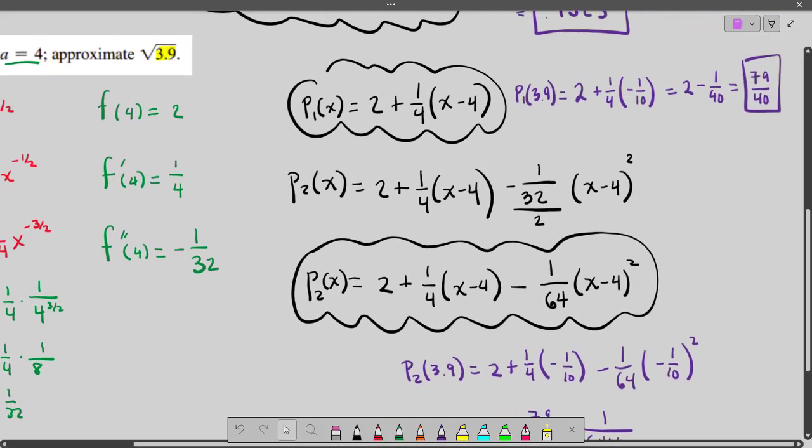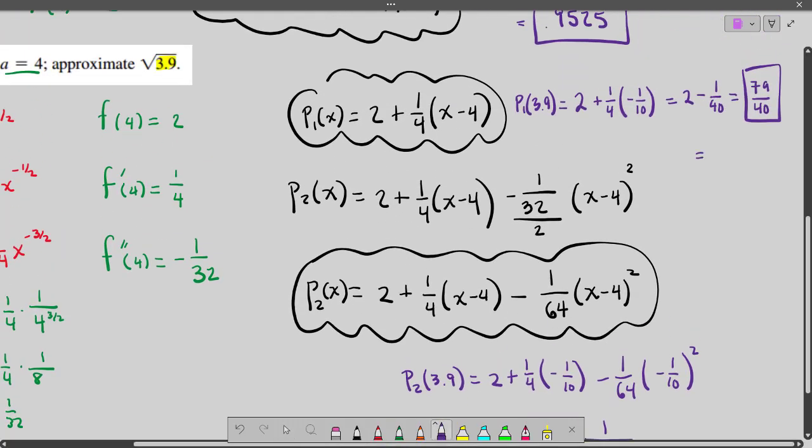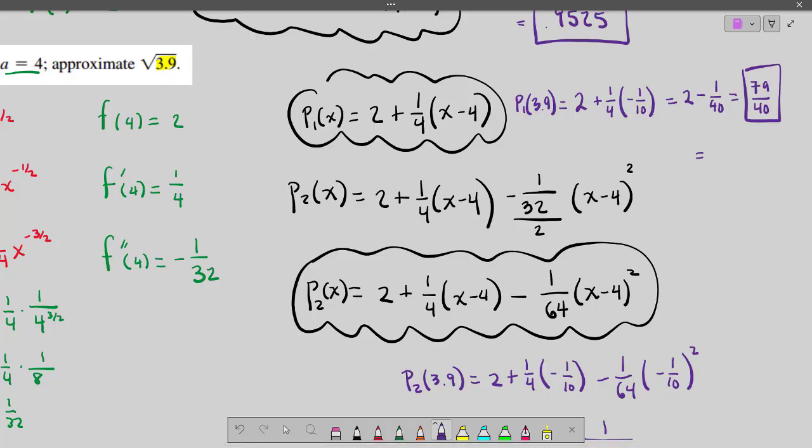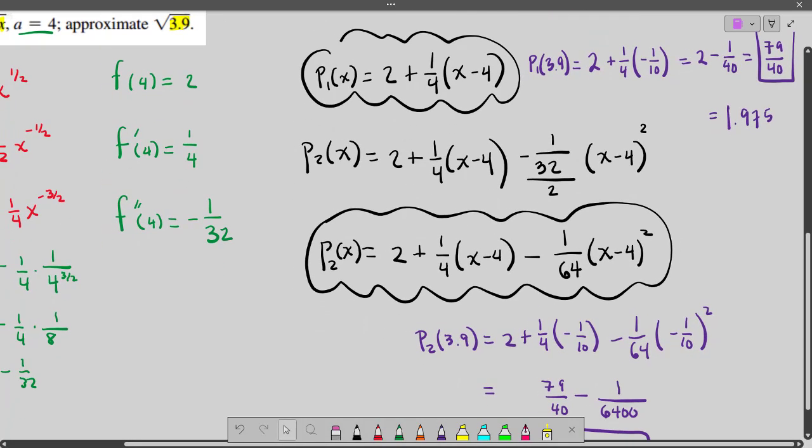This one, if we wrote it as a decimal, would be... Writing it as a decimal will allow us to see a little bit more carefully how close it is.